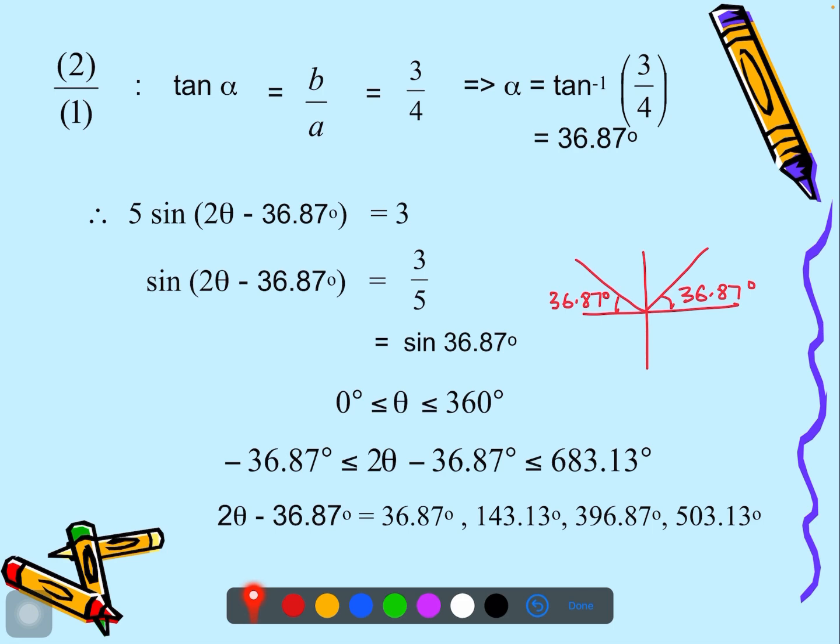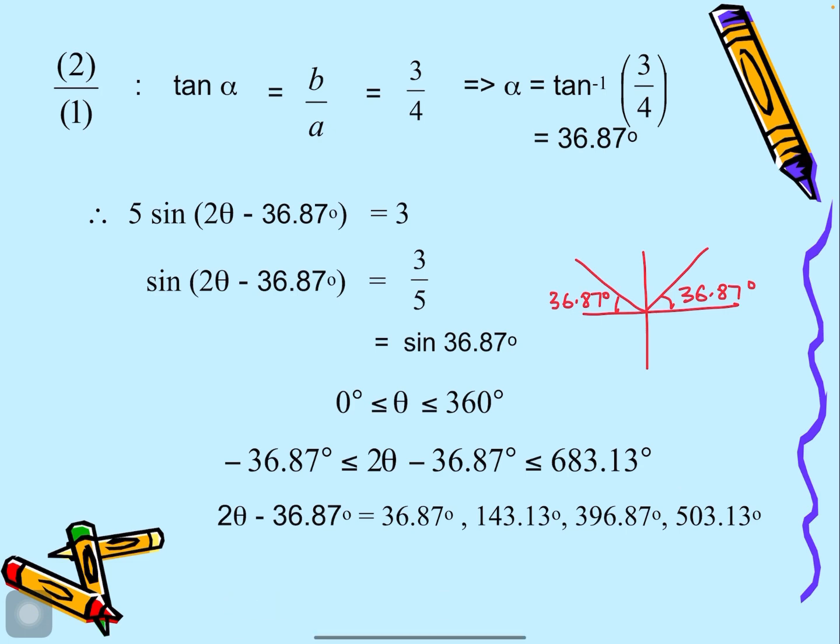Then we want to move until this line. So we have from 0 until this line, one complete circle, then going towards here, we'll have 143.13 plus 360, we have 503.13.